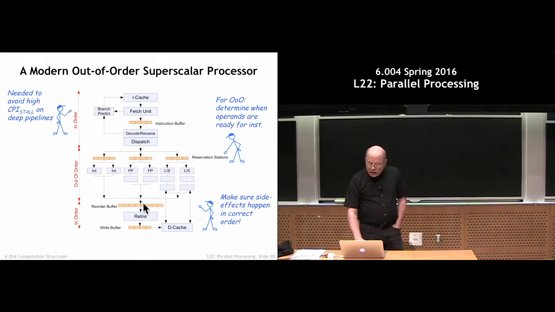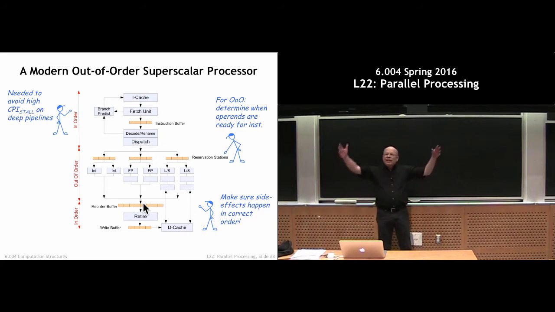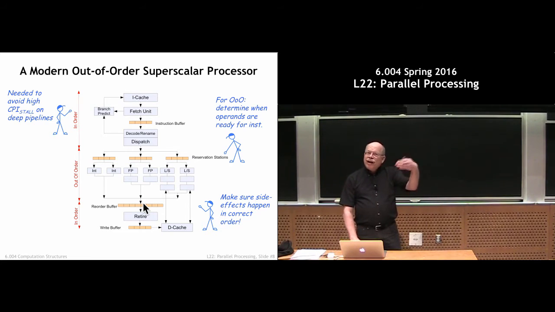And then at the end, there's this fairly complicated piece of logic called the reorder buffer, whose job it is to take all the results computed, higgledy-piggledy in some sort of order, keep track of them, and make sure it writes the results into the register file in sequential order.